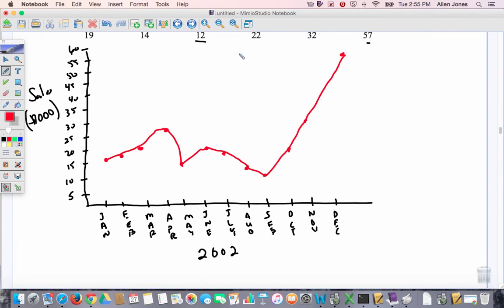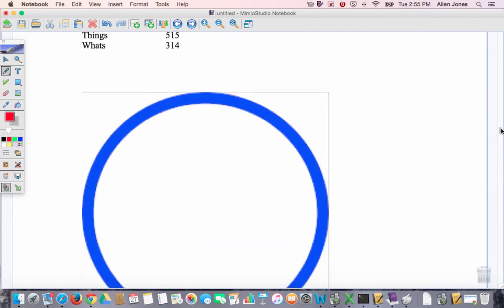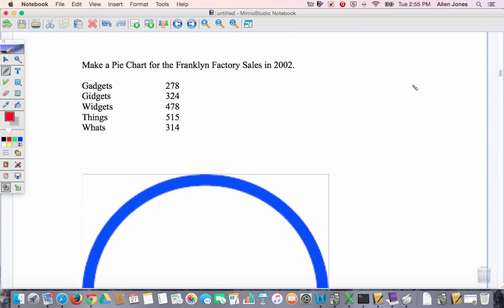As we move on, our next graph is a pie chart or a pie graph. And we have some legwork to do here, so I'm going to put a couple of other columns up here, percent and degrees. And we need to get our percentages.